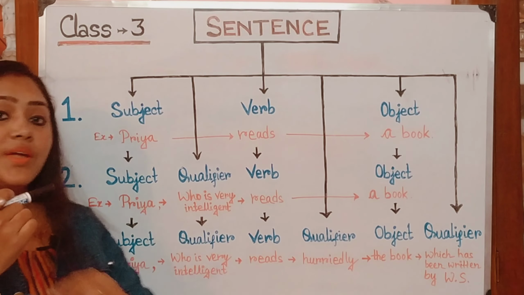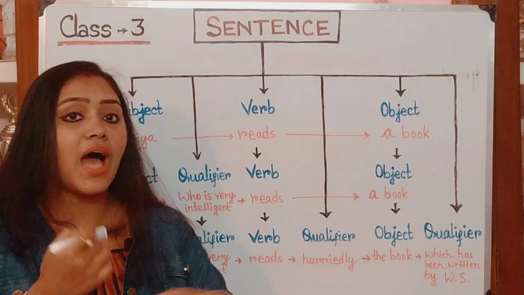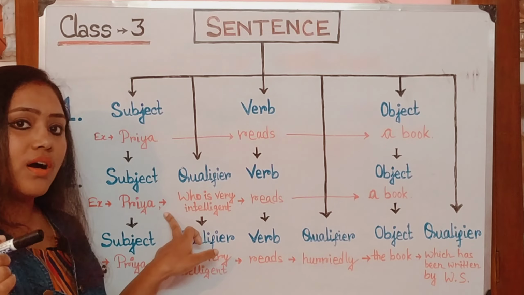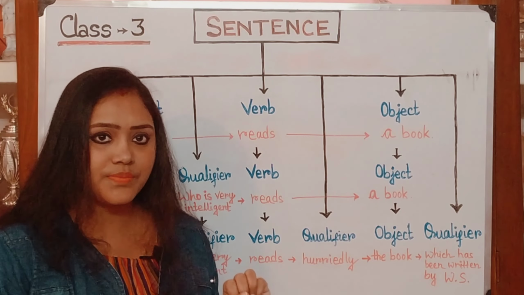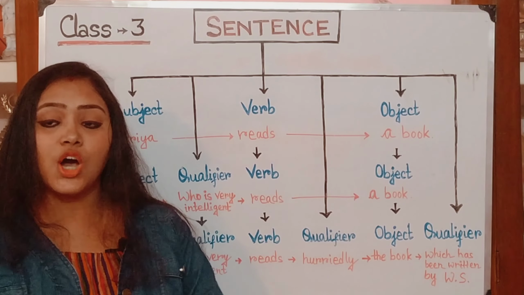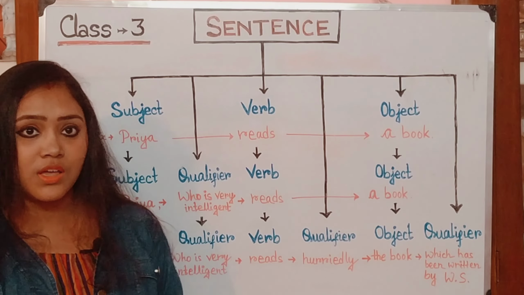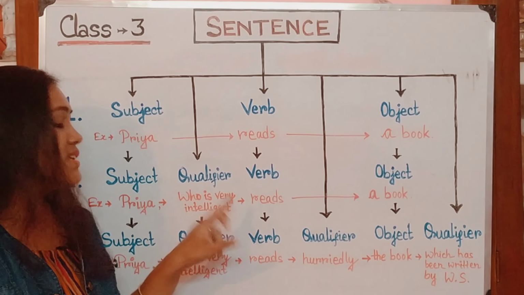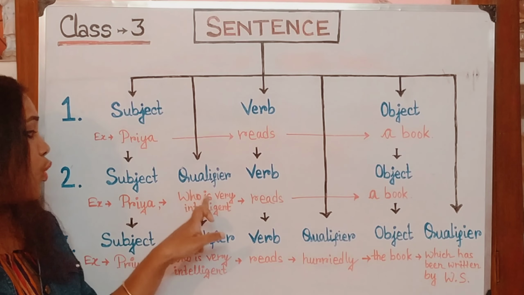Now I am qualifying Priya, the noun, the subject. So how is Priya? She is very intelligent. Instead of this I can say Priya, who is the daughter of Mr. Prashant, or something else. Whatever, here I use who is very intelligent. So Priya, who is very intelligent.